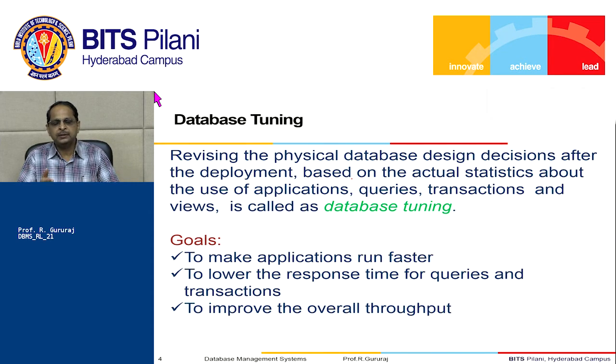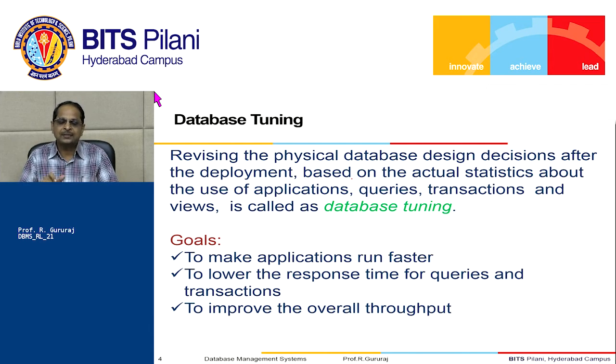After the deployment, we closely observe the application for its performance requirements. Based on the statistics collected from query execution, transaction execution, and so on, we revise the decisions we have made with respect to physical database design, that is, with respect to normalization, indexing, partitioning, and all these things.